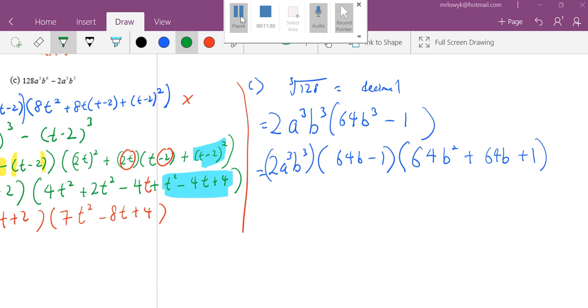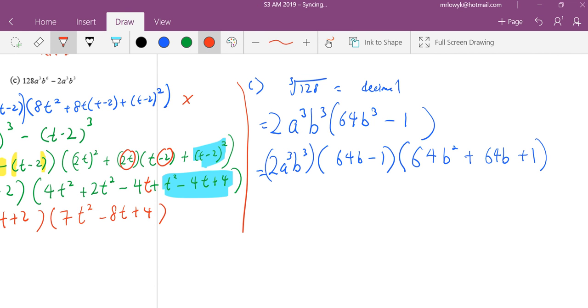Never skip the brackets. So one very important step that you don't want to skip is this. I repeat for the benefit of those who are talking.